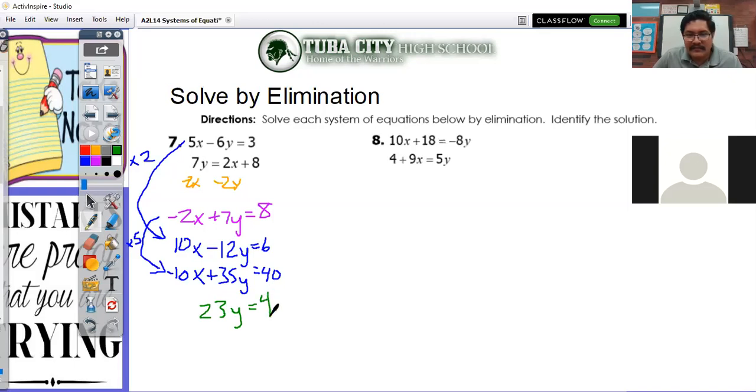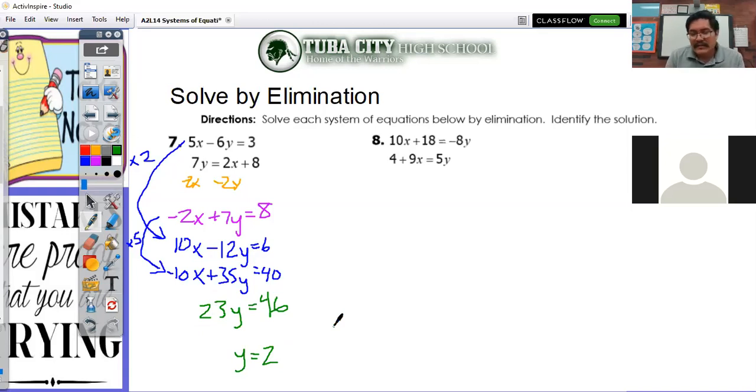And here it looks like we got 46. Just 40 and 6, put them together. And just to save some space, what number times 23 gives me 46? Well, it's quite obviously you would need to double it in order to get the next number. So y equals 2. All right, that one took a little bit of work.